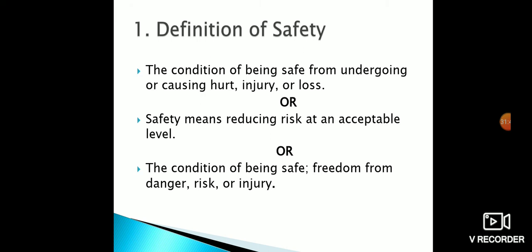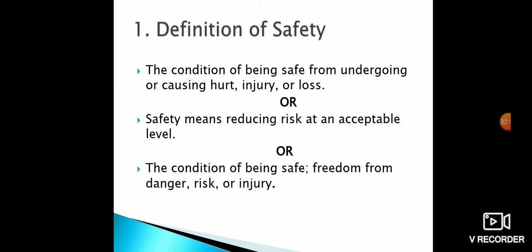Everyone wants to work in a safe environment. They want freedom from danger, risk, injury, loss, hurt and accident. They want freedom from all this, and this is called a safe environment.